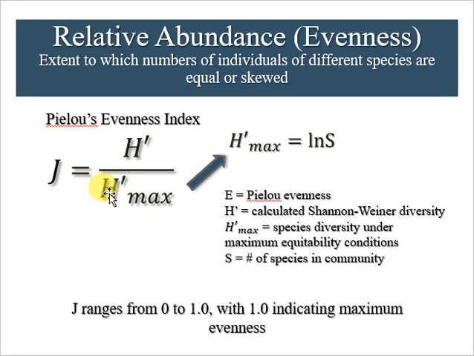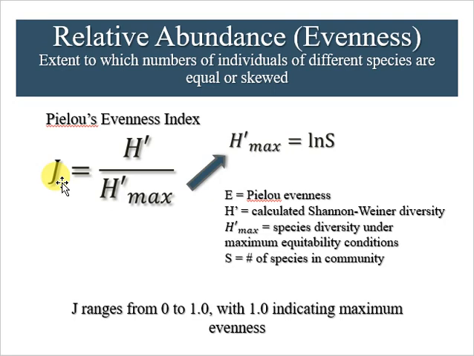So when you calculate this value of evenness, the values will range from 0 to 1. So your J value that you calculate, J ranges from 0 to 1.0. And 1.0 indicates maximum evenness, right? So if you calculate your J value and you get a value of, say, 0.968, you have a pretty high level of species evenness in that community, right?